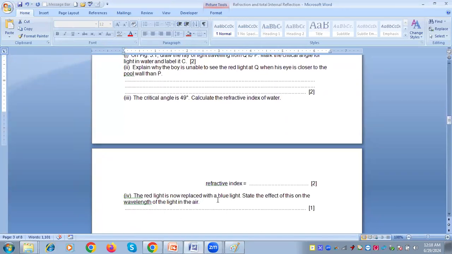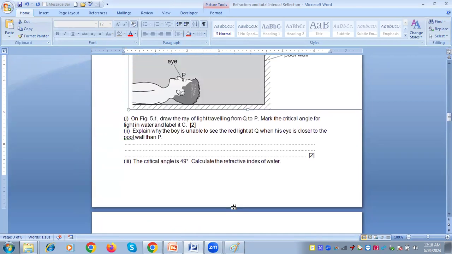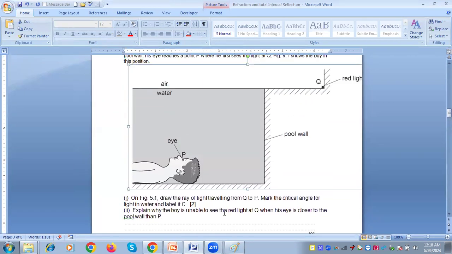The red light is now replaced with the blue light. State the effect of this on the wavelength of the light in the air. The wavelength of blue light will be shorter than the wavelength of red light. So refractive index will be greater and blue light will deviate more. It means the critical angle for the blue light will be smaller.